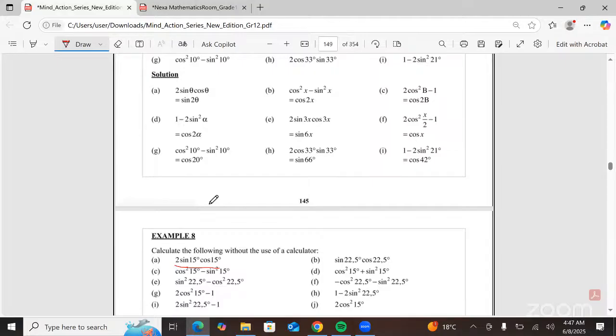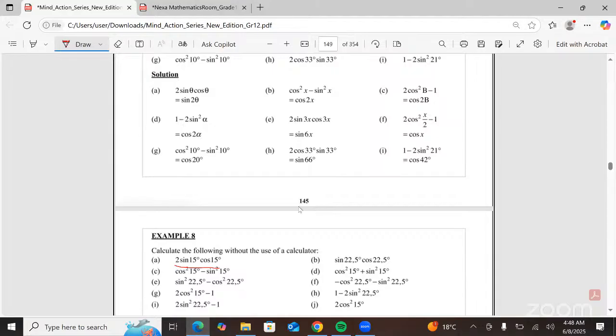The one where they give us maybe sine 15 plus x in a bracket. It's those questions where they ask us sine 15 plus x. I don't know if it's related to that. Oh, no, it's not.